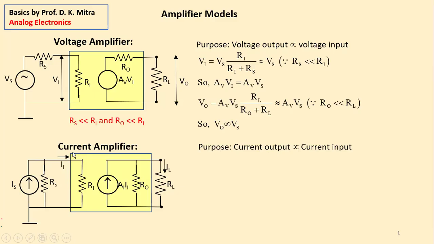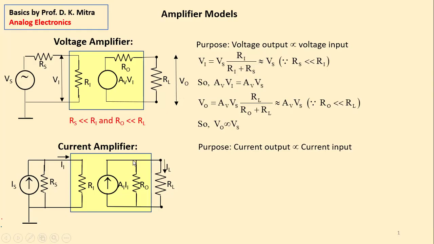Once again, there will be an input resistance, and there is a current source inside. The value of the current produced by this source is AI multiplied by II. What is II? II is the current that flows through the input resistance, and AI is a scalar. AI is normally called the current gain, right?